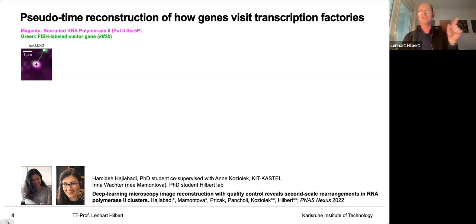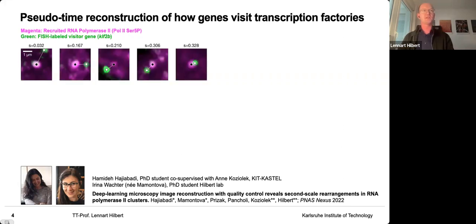You will see in the images that I will display one after the other, in magenta and always placed in the center, a so-called transcription factory, or a condensate containing high concentrations of this phosphorylated Pol2 that is recruited. And labeled in green by oligopaint fluorescence in situ hybridization is the embryonically expressed gene KLF2B. So this is always here on the top right, in this case labeled in green, and here is the cluster that I introduced just before.